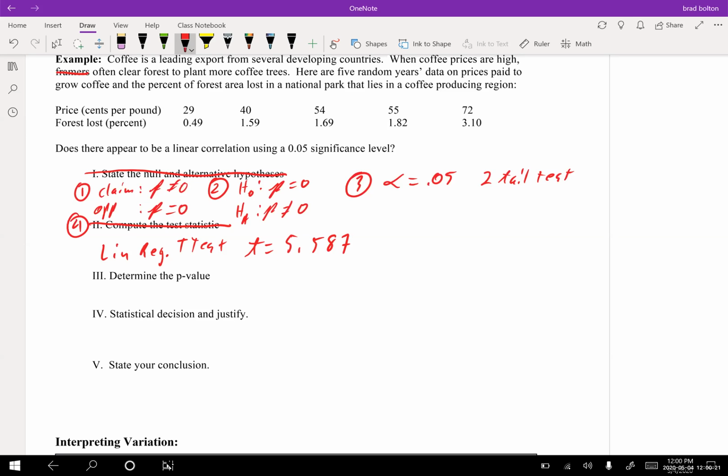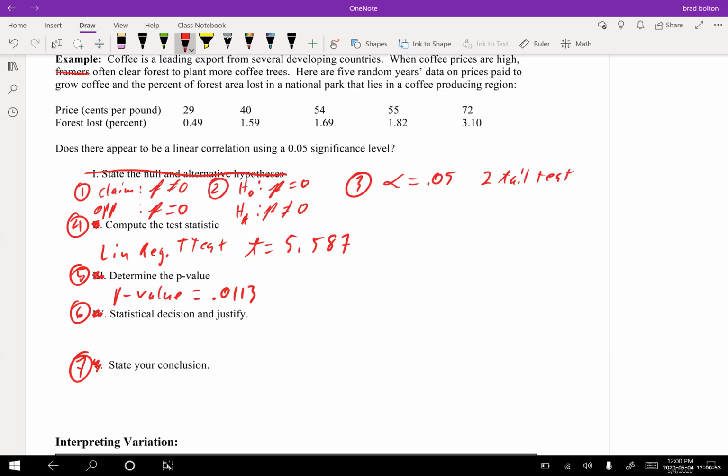I think I said I was going to do 5.59, but in my notes I have 5.587, so let's just use that. And then my P value equals 0.0113.